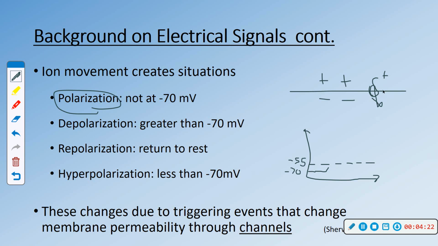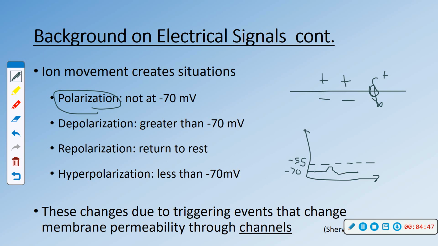If I get more of those positives coming in, they call that depolarization. So I am going to be greater than the -70 millivolts, approaching zero. Repolarization: let's say that these positives stop, flow evenly spreads out, and I come back down to my -70 and stay at my rest position.